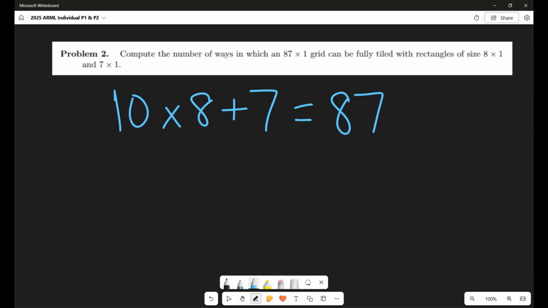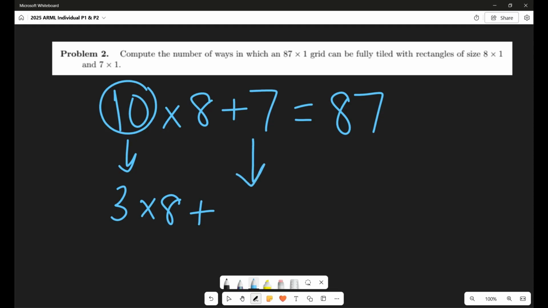We can notice that if we reduce this 10 here by 7, and why am I doing that? So that we reduce the total sum by 56, and we're essentially replacing 56 of our tiles that we counted with 8s. Now instead we want to count them with 7s. So instead of having just one 7, we'll have 8 more 7s, for a total of 9 7s.